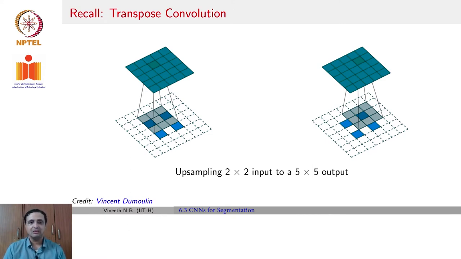Because there is a dilation, transpose convolution is also known as dilated convolution, or it's also sometimes referred to as atrous convolution, as we will see a little later, because it dilates while you perform the convolution.